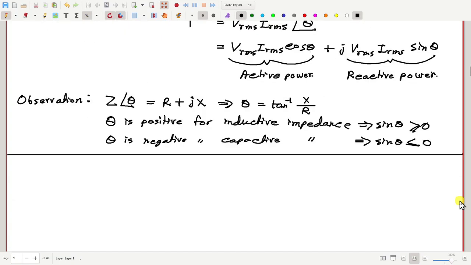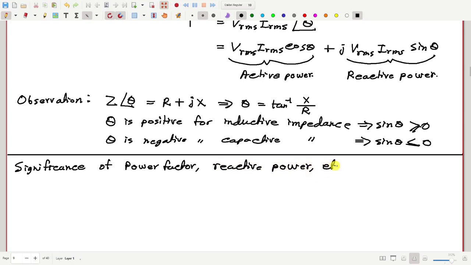Now let's come to the significance or importance of power factor, reactive power, etc. What is the importance of these terms?